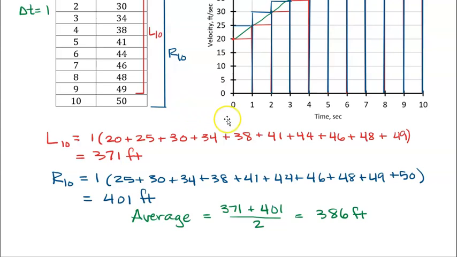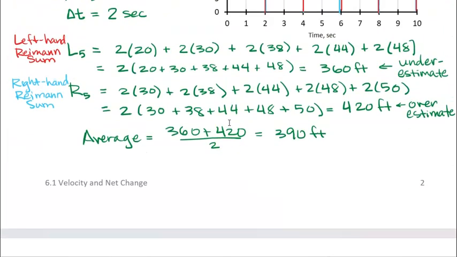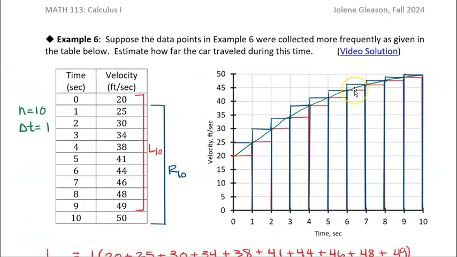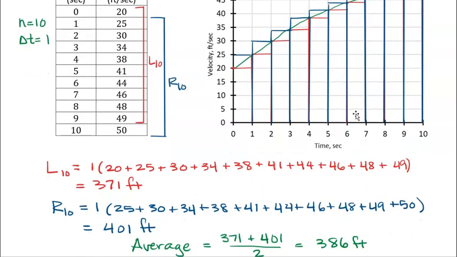Whereas if you compare it to what we had before, let's go back to the last example, the difference between the left-hand and right-hand sum was 60 feet. The difference between 360 and 420 is 60 feet. So by sampling the velocity more frequently, basically twice as frequently, I got a much better answer.